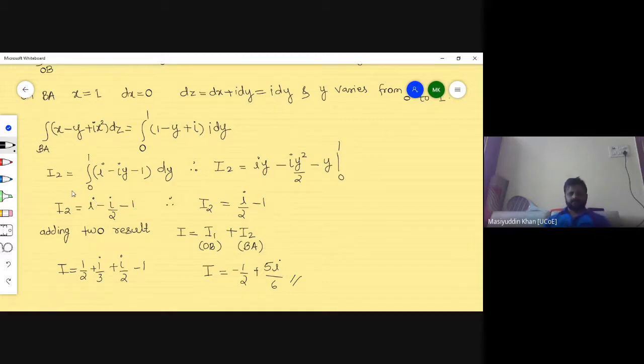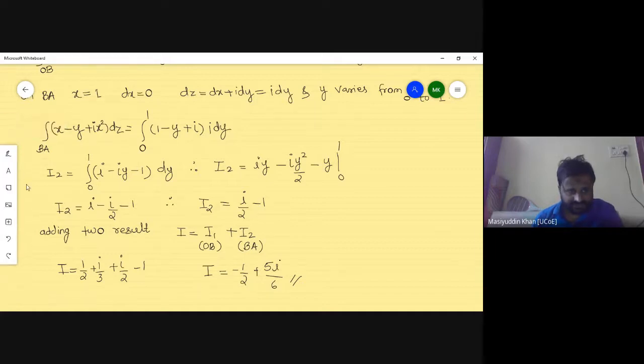Now, if anyone has any doubts regarding this problem, you can ask, or we'll move to the next problem, the third condition.